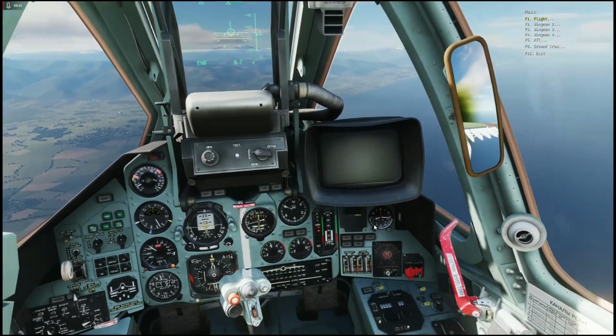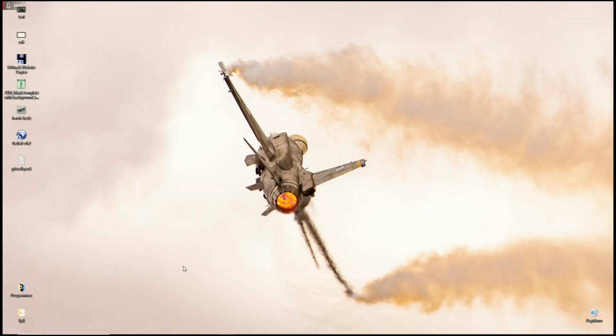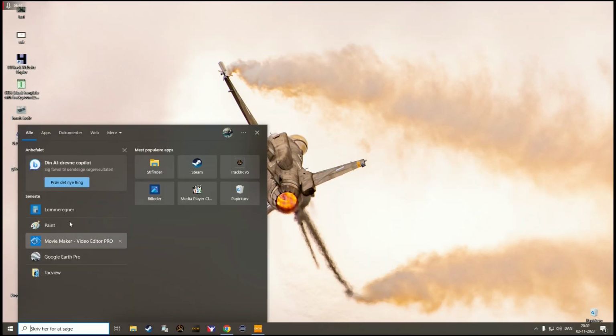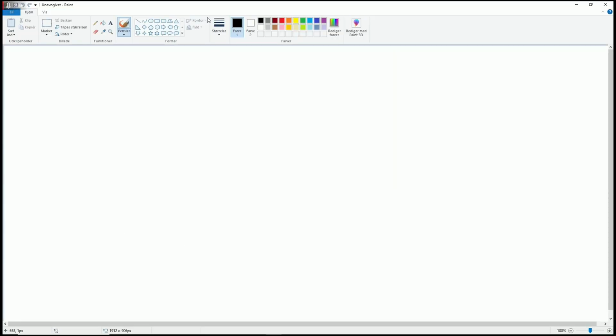The difference between that is, let's say that that is a steer point, waypoint, waypoint, and waypoint. And you want to go like that.